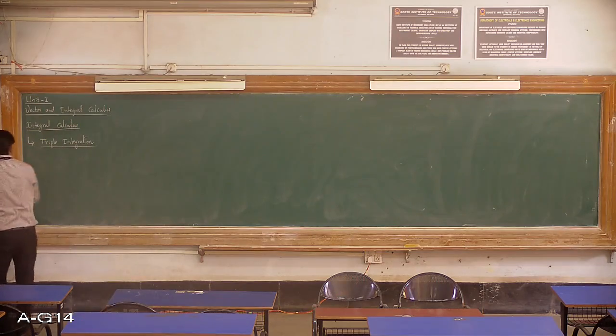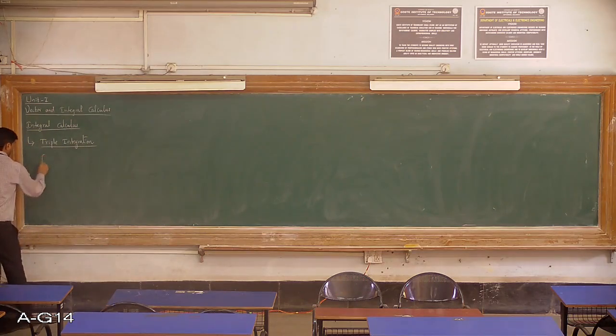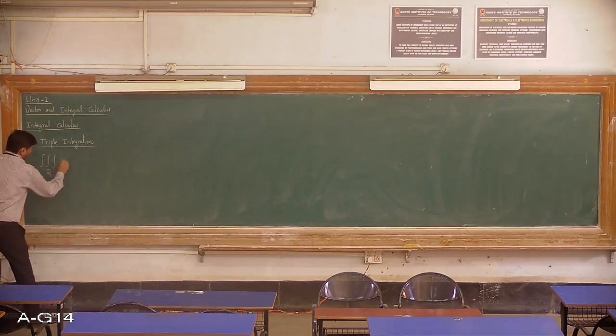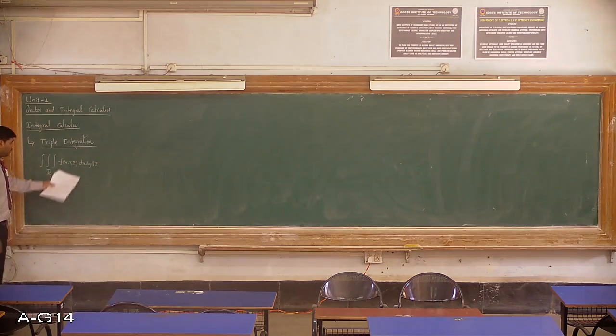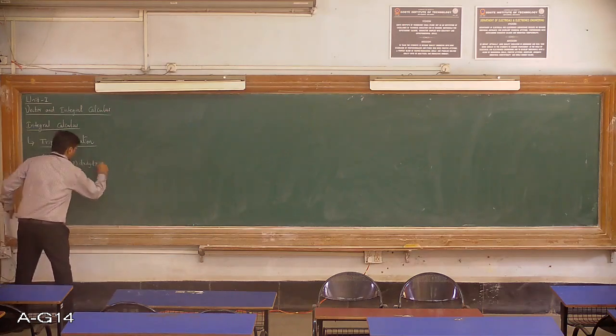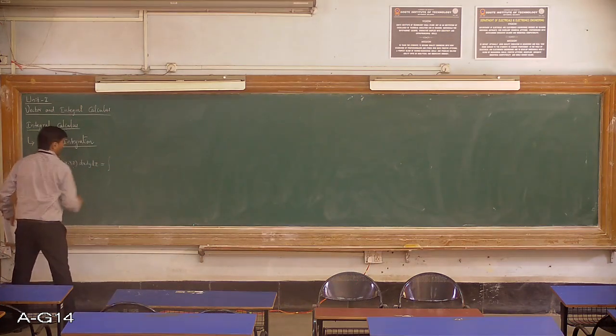So here you can see triple integration over a region R of f of x comma y comma z dx dy dz. Or you can also write it as dz dy dx, or in any form, whichever you are comfortable with. Here this is equal to, how will we write the integration?